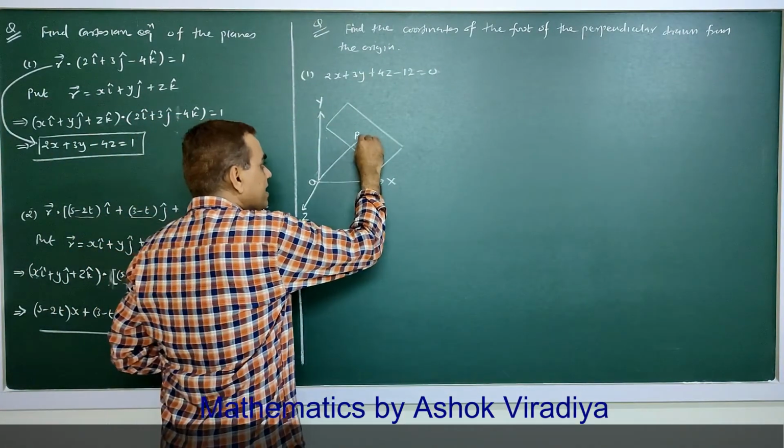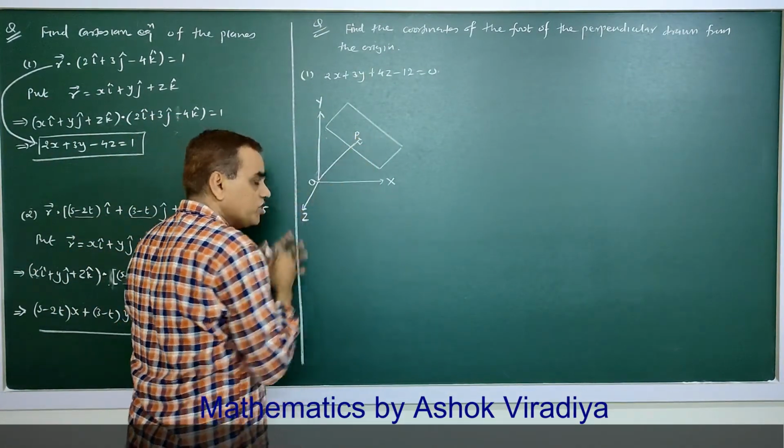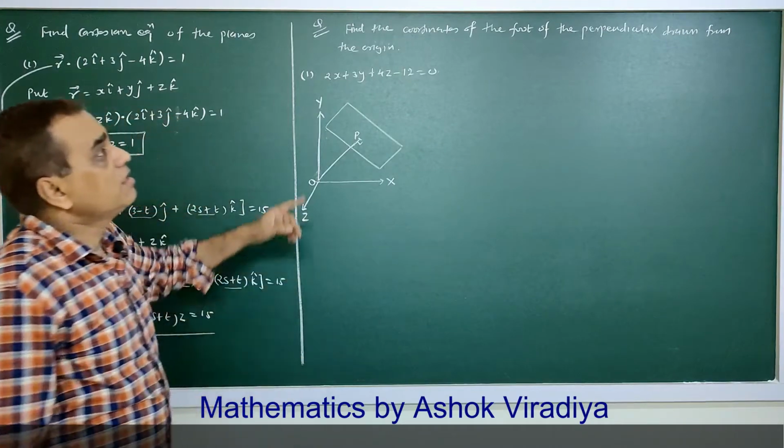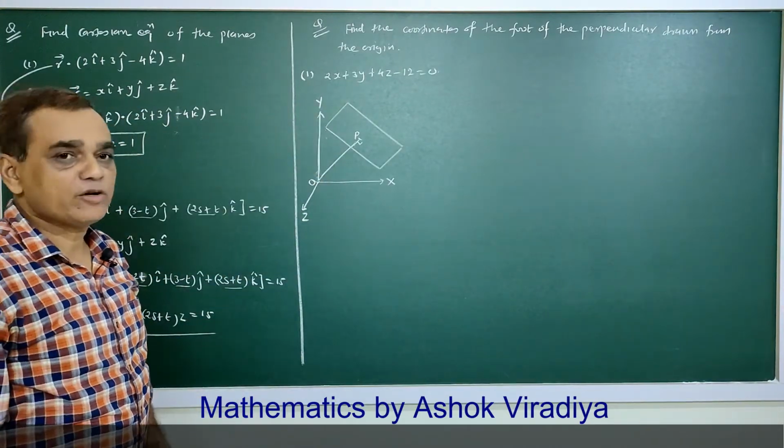P is a point which is the foot of the perpendicular taken from the origin. We want the coordinates of the foot of the perpendicular.